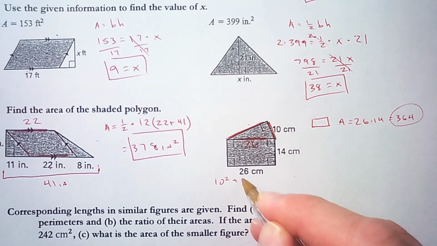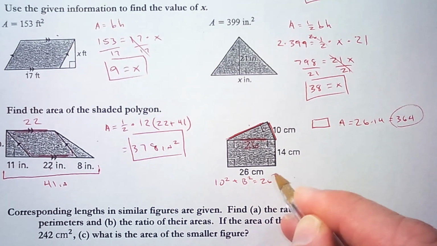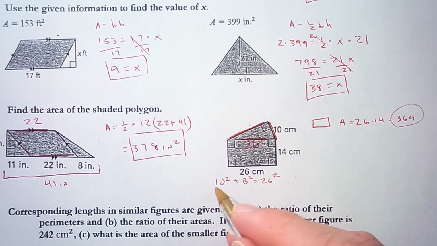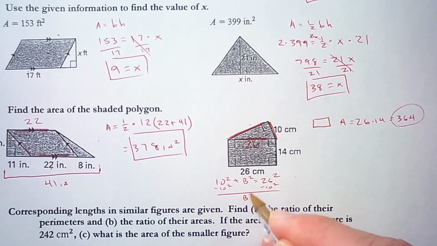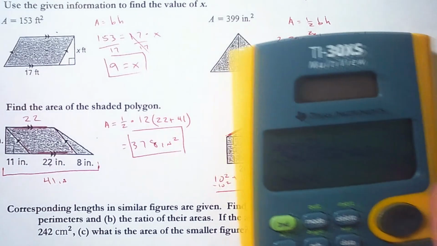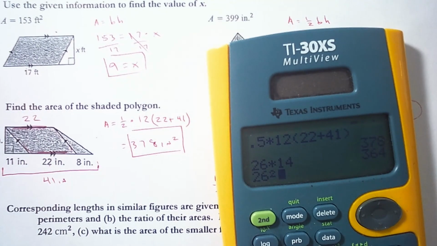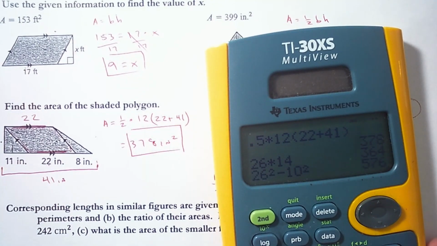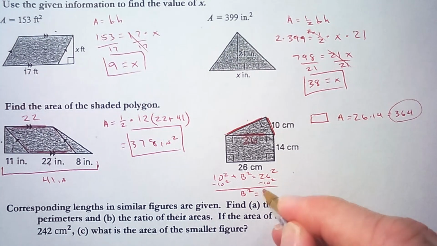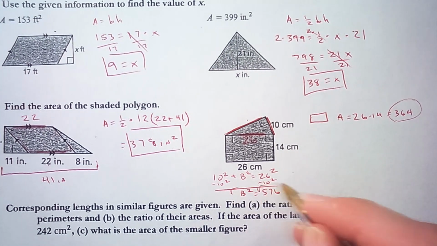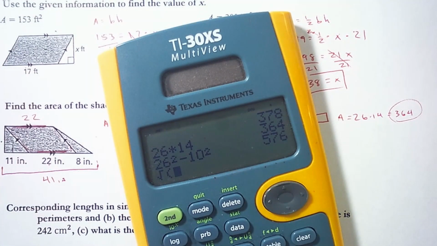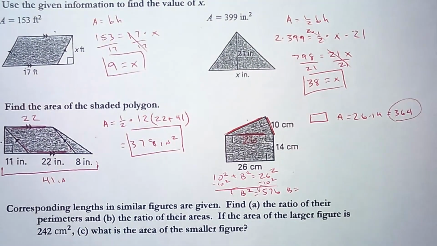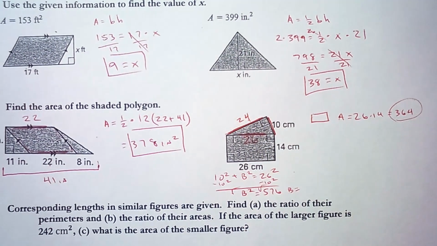So we have 10 squared plus b squared equals 26 squared. So we will subtract 10 squared. Okay, so 26 squared minus 10 squared is 576. And then I can do the square root and get b equals the square root of 576, which is 24. So I get 24 right here.